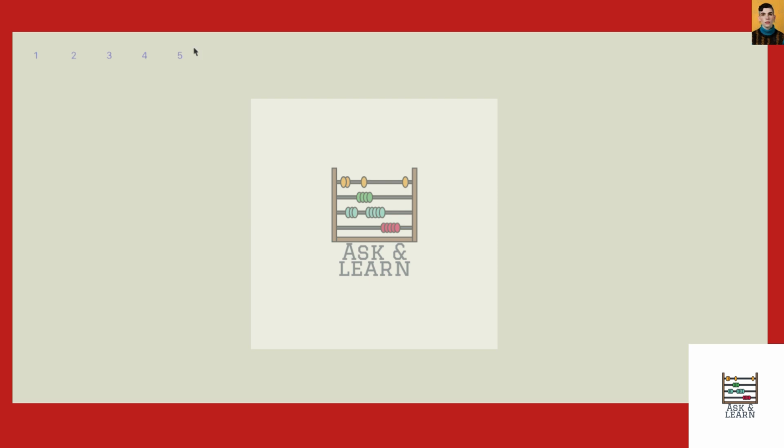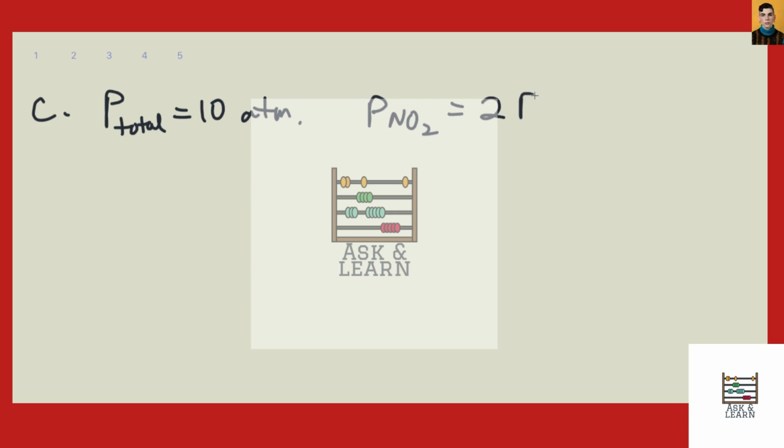Now let's look at question C. At what temperature will an equilibrium mixture of 10 atmosphere contain twice as much NO2 as N2O4? In this question, P total has changed to 10 atmosphere. And once again, P of NO2 is twice P of N2O4.